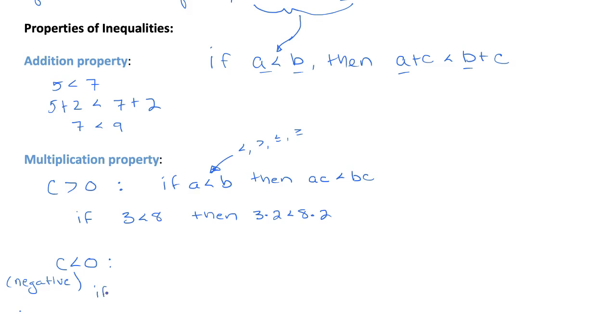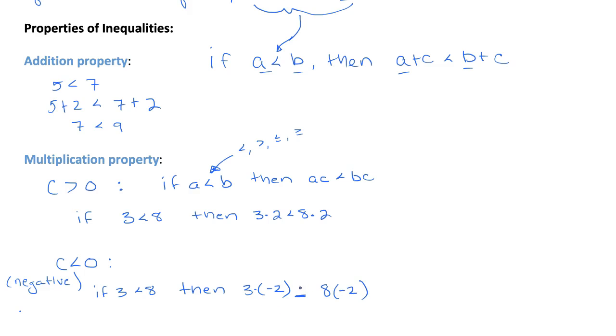So if 3 is less than 8, and we're going to multiply both sides by -2 this time, then 3 times -2 is what? 8 times -2 on this side.